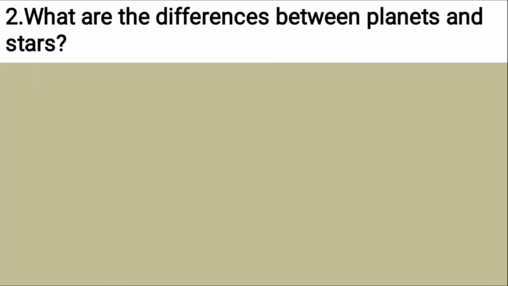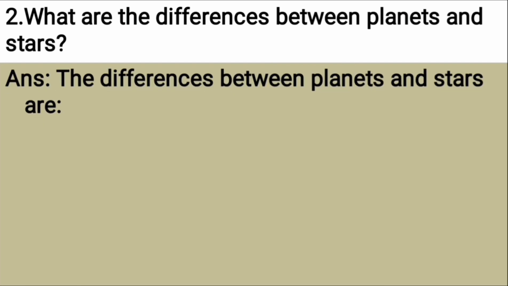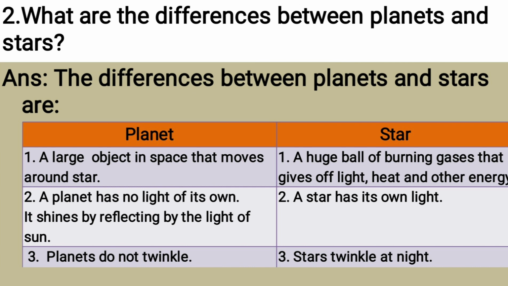Now, our second question is, what are the differences between planets and stars? The differences between planets and stars are, in the box, the first one is planet and the second one is star.